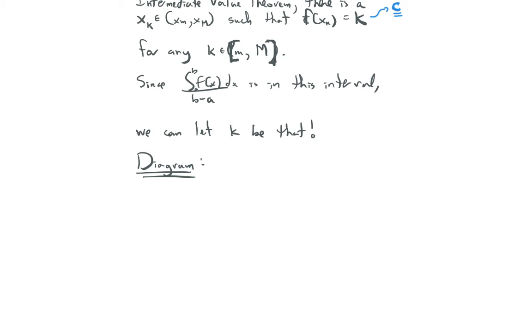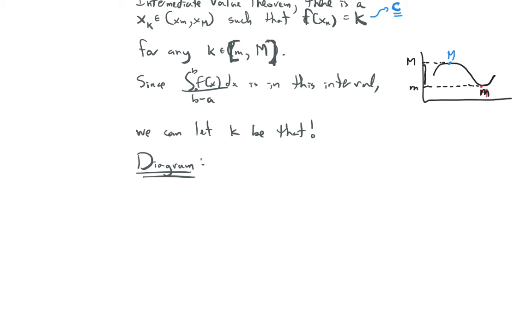So again, let me sketch the function again. There's our maximum value, there's our minimum value. I should use a little m for minimum, of course, my mistake.